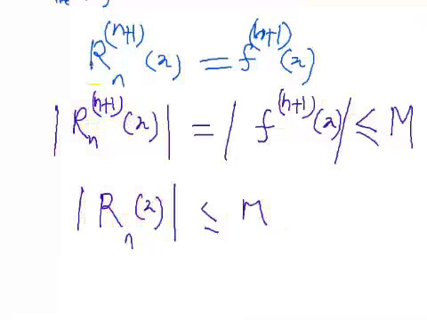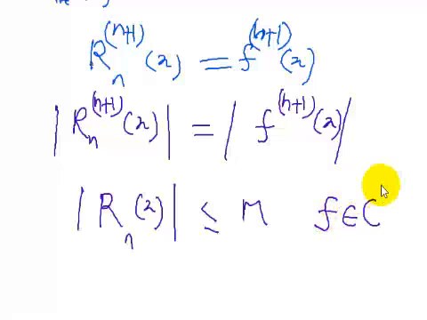So let's erase this one. This one is incorrect, right? So we know that f is an element of the C^(n+1) function set, right? That means f is n plus 1 times differentiable and continuous; you can take the n plus 1 derivative of f.